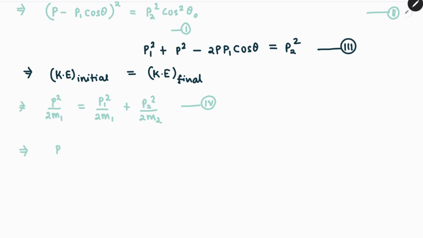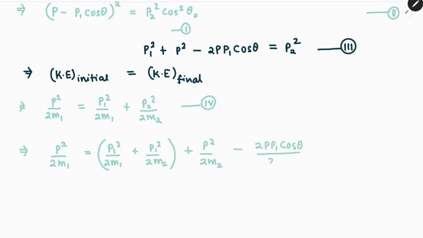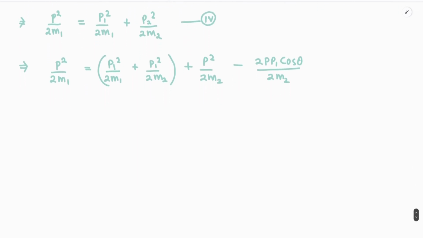So it will take the form p square by 2 m1 is equal to p1 square by 2 m1 plus p1 square by 2 m2 plus p square by 2 m2 minus 2p p1 cos theta by 2 m2. So we will get this equation of this form, and now it is a quadratic equation in terms of p1 square.